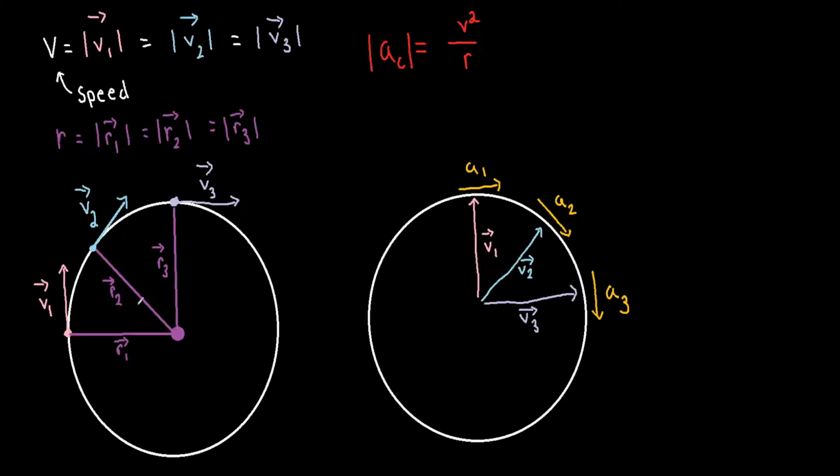So if we just translated our acceleration vectors back onto our first circle, you will see that our acceleration is pointed inward. And this is why we call it the centripetal acceleration, because they are pointed towards the center. But we just want to talk about the magnitude of the centripetal acceleration.